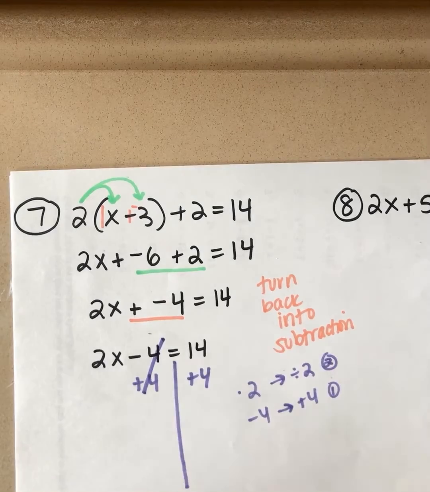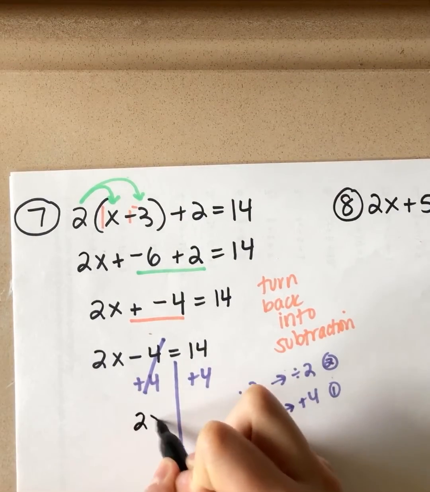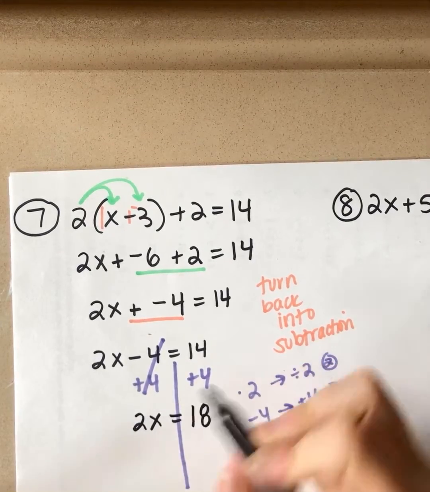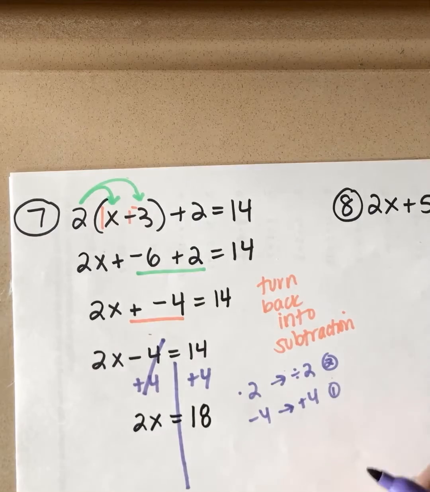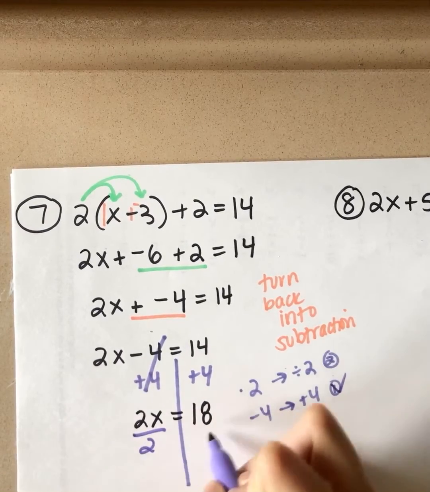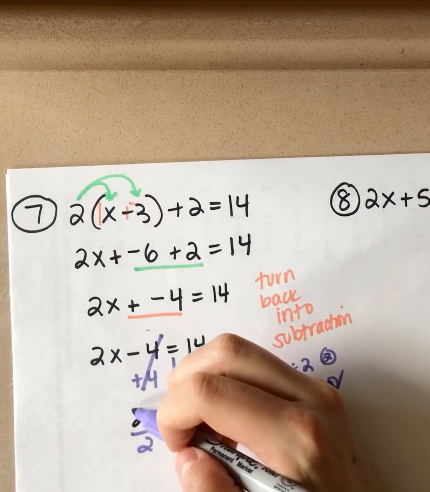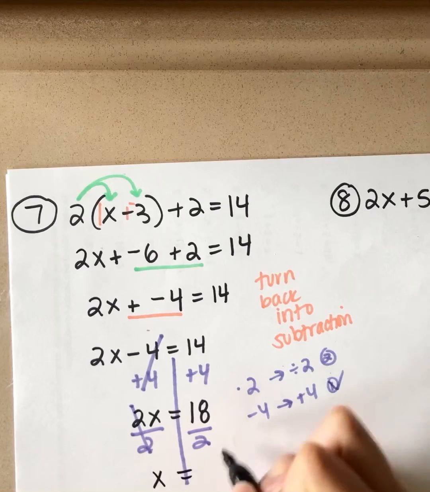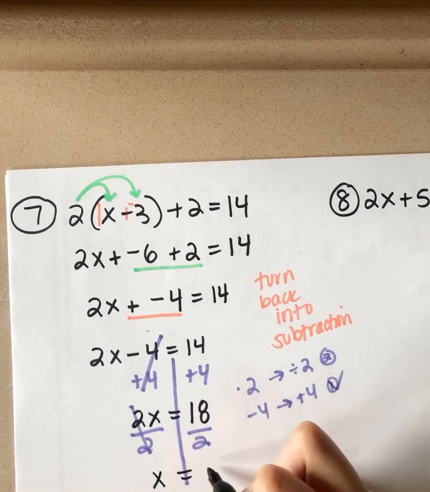Minus 4 and plus 4 will cancel out, and I'll be left with 2x is equal to 18. Then I can go through and divide both sides by 2. When I do that, those cancel out, and I find that x is equal to 9.